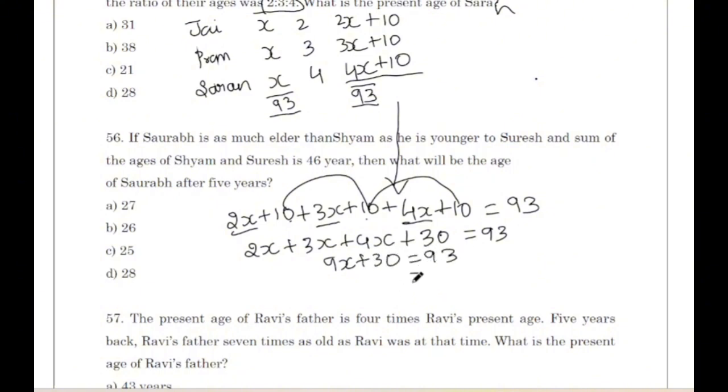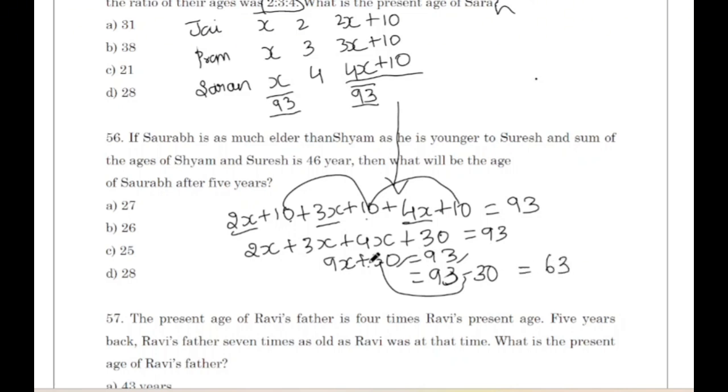Okay, we've done the equation. Similar items go on one side, so 30 and 93 are numbers. When this number goes to the other side, the plus sign changes to minus 30. 93 minus 30 is 63.